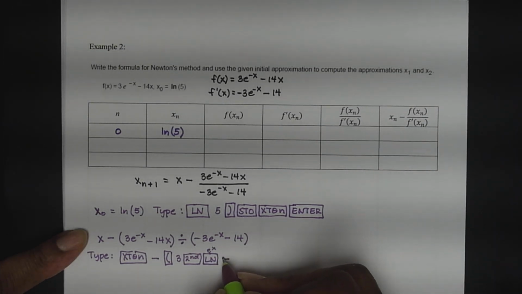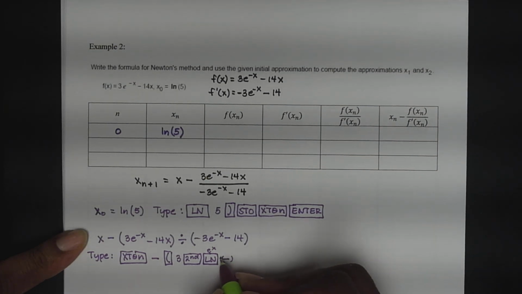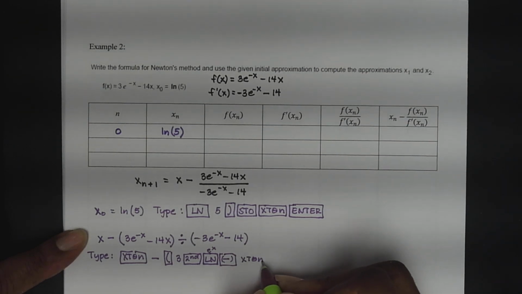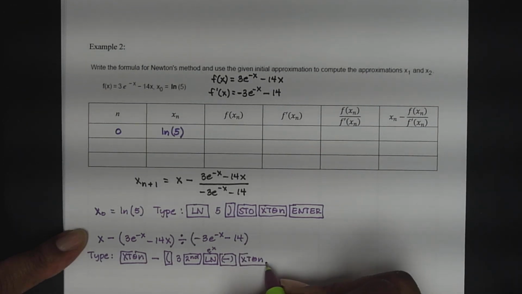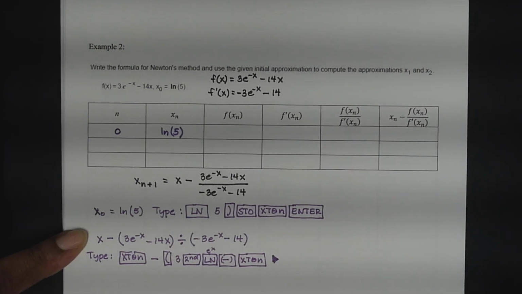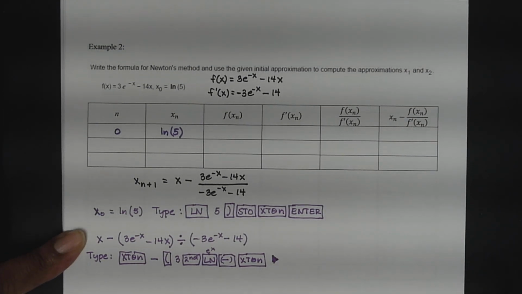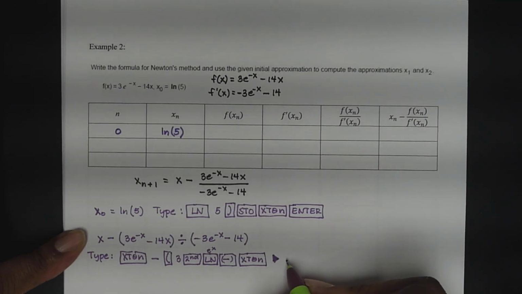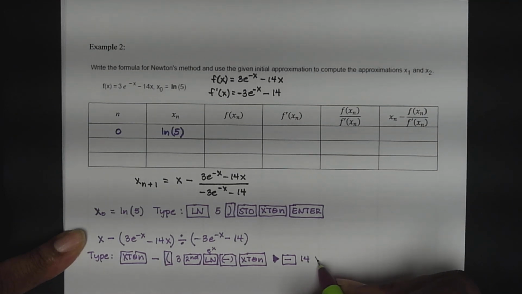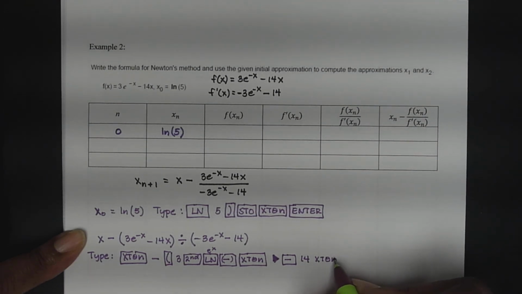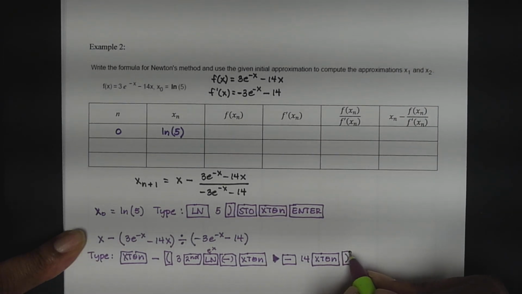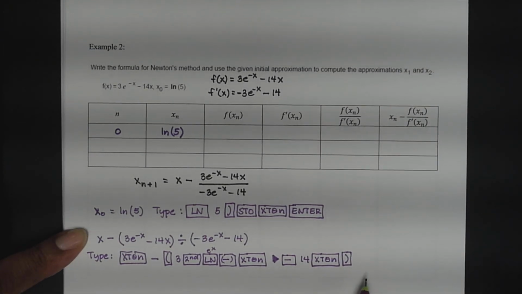And then press the negative key, which is at the very bottom of the calculator, and then X,T,theta,n for the x. And you want to press your right arrow key to get out of that exponential part. That's right arrow to get out of it. And then minus 14, X,T,theta,n to get your x. And then close the parentheses. That's just the numerator right there.